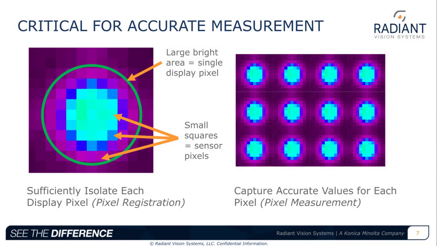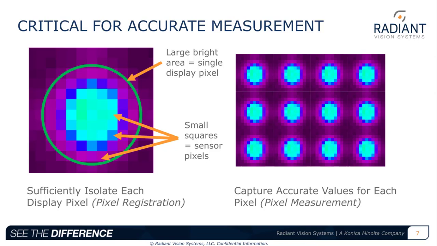This slide shows an example of an imaging system measurement of display pixels. On the left-hand side, you see a bright blue area that is a display pixel. This is many different smaller squares that are sensor pixels.